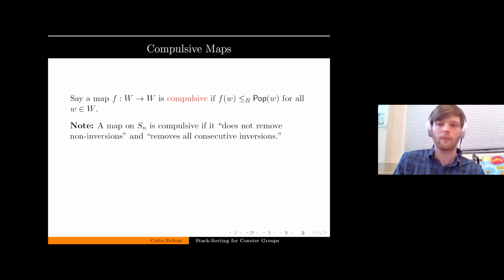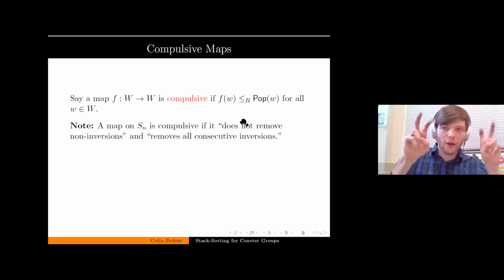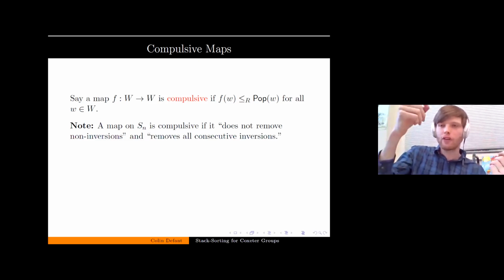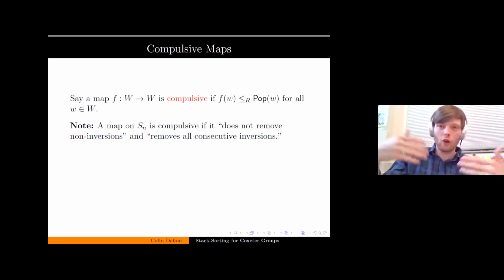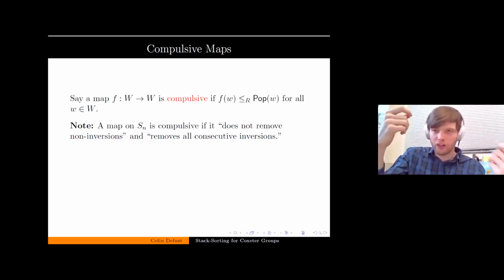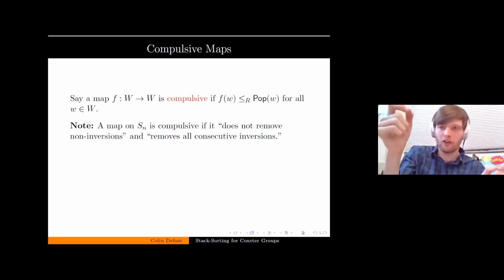What I mean by does not remove non-inversions is if you have two numbers in your permutation that are in the correct order, meaning that the smaller one appears before the bigger one, then after you apply this map, those numbers will still appear in the correct order in the resulting permutation. They might have moved to different positions, but they will still be in the correct order.